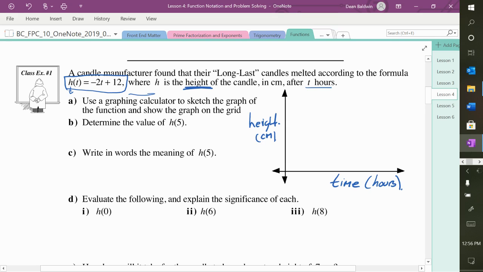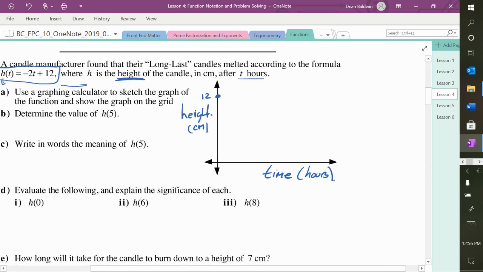All right, I will sketch the graph for you. So that's at 12. Boom. That is at 6. That's what the graph looks like. Why do you think the graph goes like that? Why is it going down? As time progresses, the candle gets shorter.